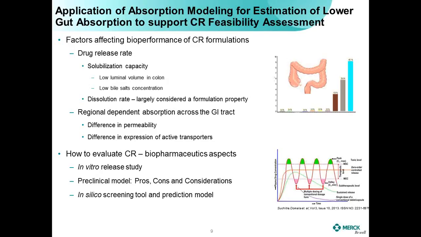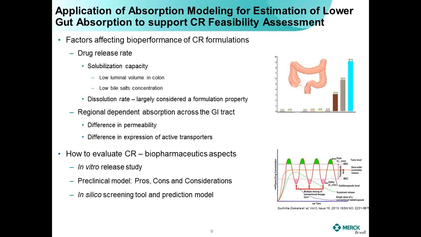So in order to evaluate the CR formulation, the in vitro release study is often the first step. The dog model has been widely used, as many examples were reported in the literature, to evaluate the PK of human dosage forms.